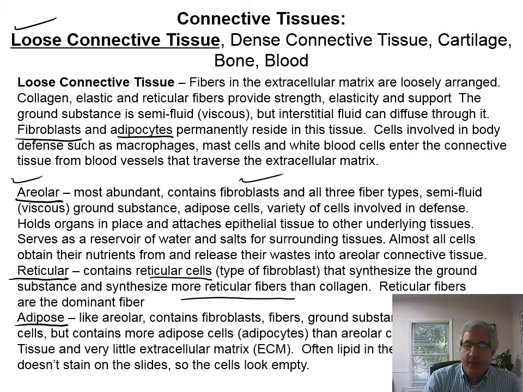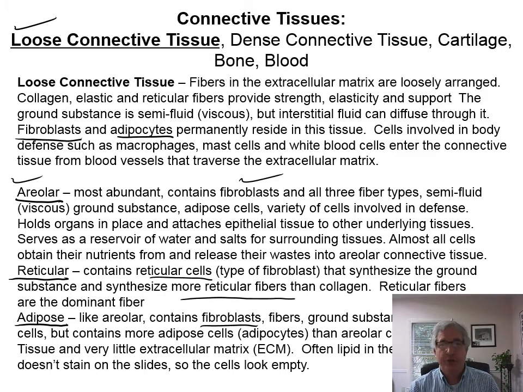Adipose tissue is like areolar tissue. It contains fibroblasts, fibers, ground substance, and adipose cells, but it contains a lot more adipose cells, adipocytes, than areolar connective tissue, and very little extracellular matrix. The lipid in the cells doesn't stain.